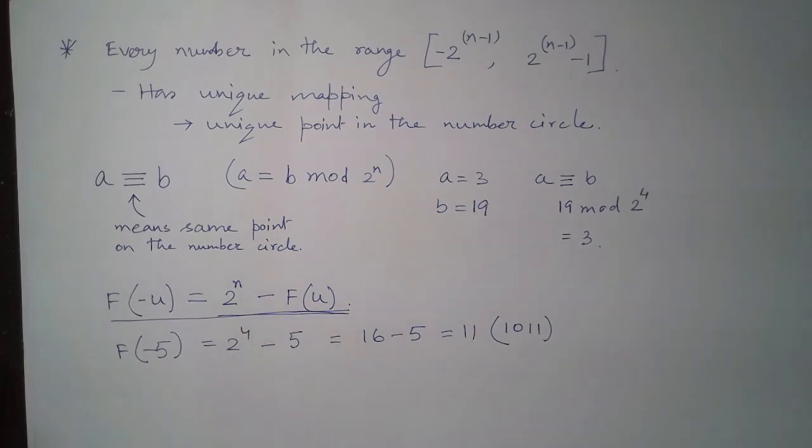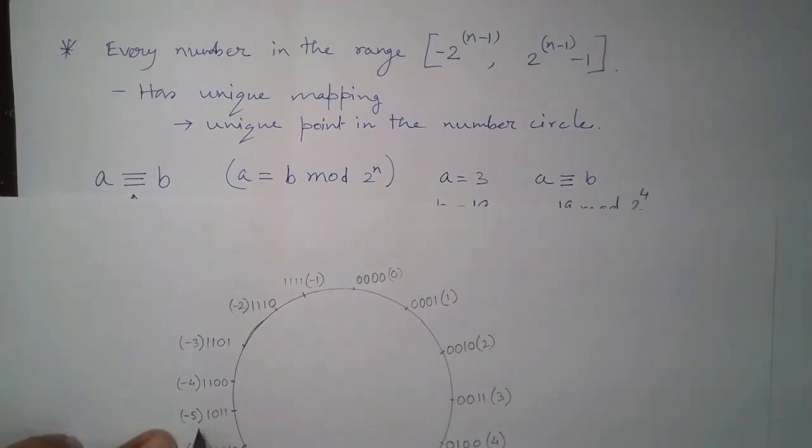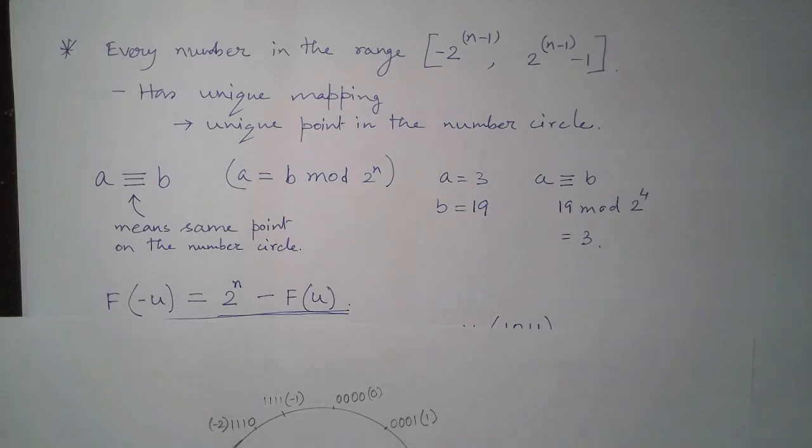If you look at the number circle, I can reach minus 5 from 0.